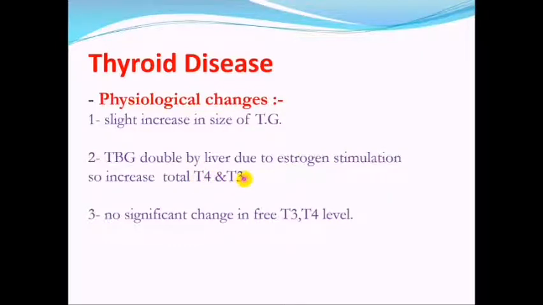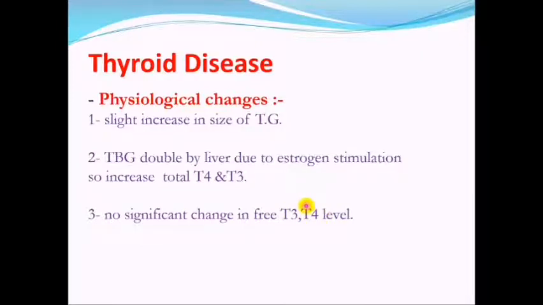So the total T3 and T4 tend to be increased because of the increase in the function of the thyroid gland under the effect of estrogen, and also because of the increase in the thyroid binding globulin produced by the liver, there will be no significant increase in the T3 T4 level.